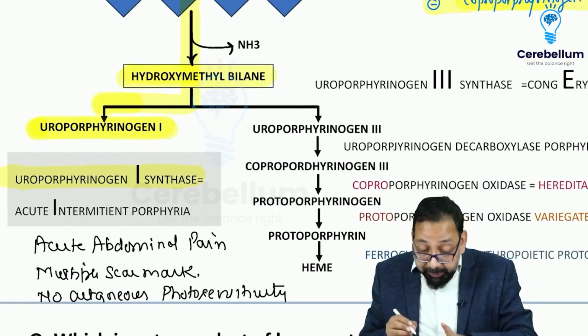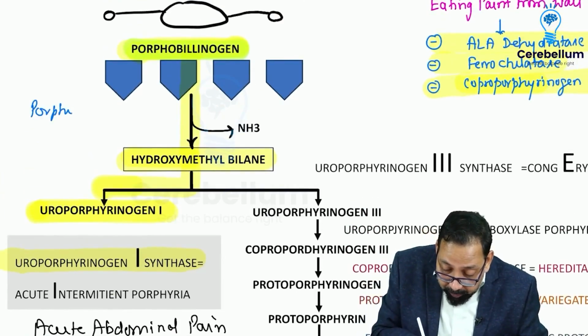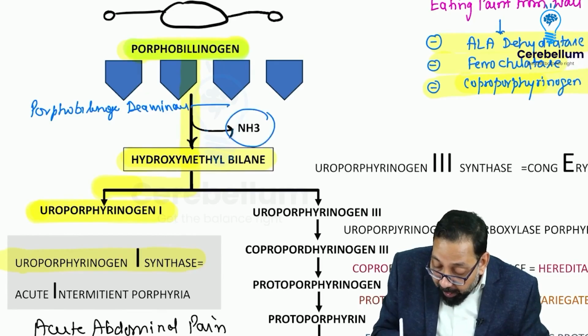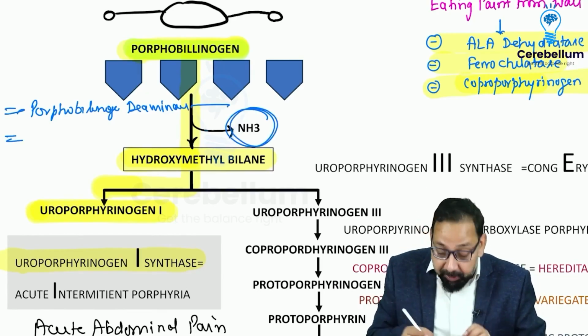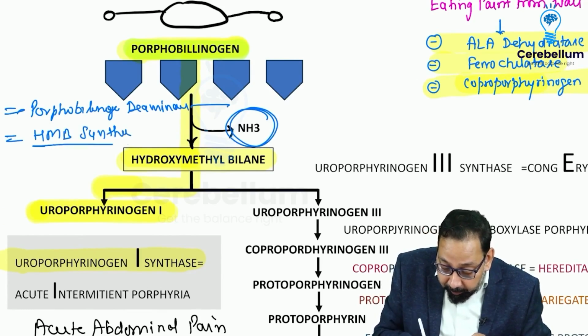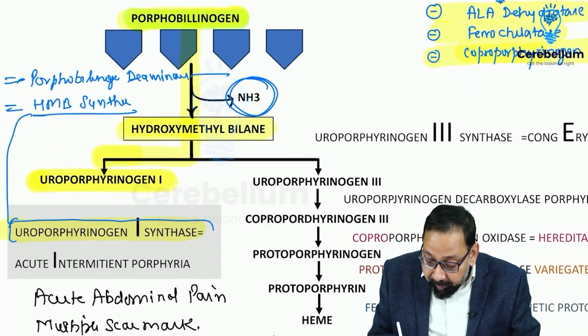It has 3 names. First is porphobilinogen deaminase, because ammonia is removed. Other name is hydroxymethylbilane synthase. And the third name is uroporphyrinogen 1 synthase.